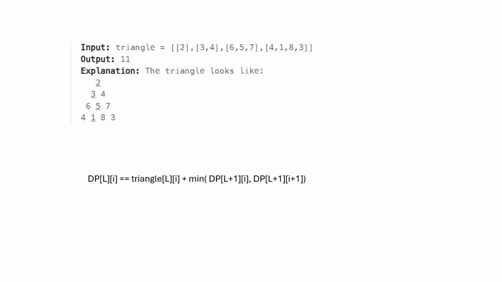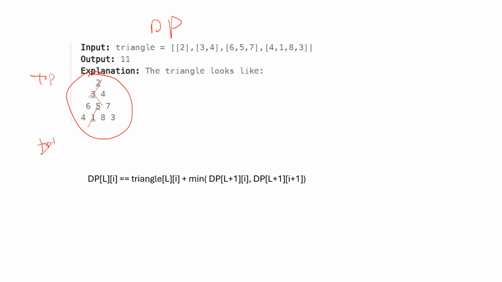Okay, now let's look at how we can solve this problem with DP. When we consider solving a problem with DP, we always need to find how to construct the global solution from the subproblems. In this case, what we want is the total path from top to bottom, and we want to know the minimum.